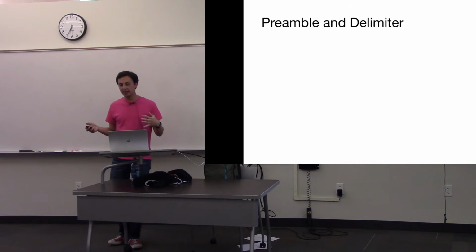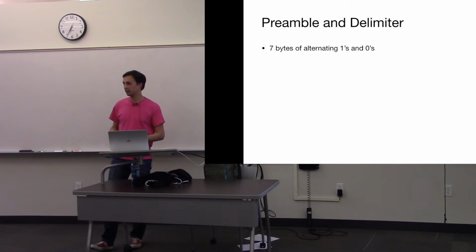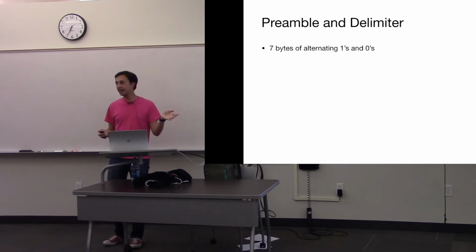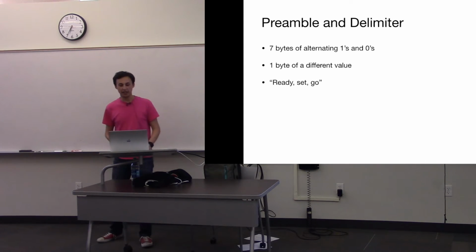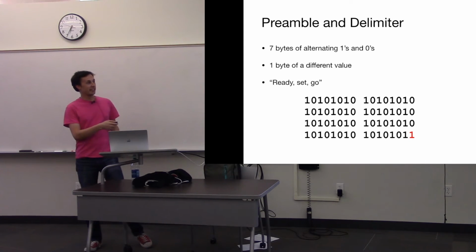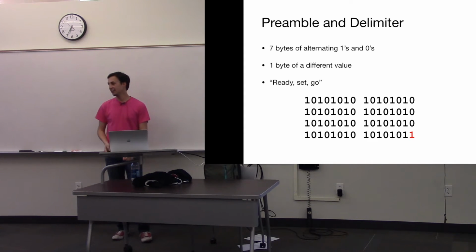So the preamble and delimiter is 7 bytes of alternating ones and zeros. It's pretty common for a preamble on a layer 1 system. And then 1 byte of a different value. And it's really the way to say ready, set, go to the receiver on the other side of the wire. It looks like this. And you note that the different value is just the same ones and zeros with a 1 at the end.